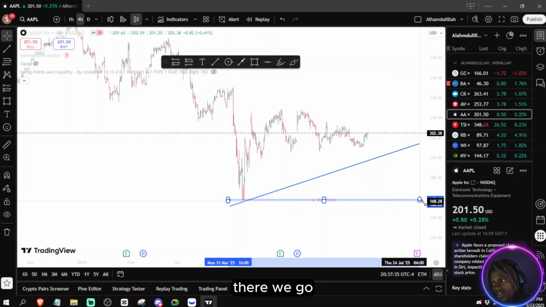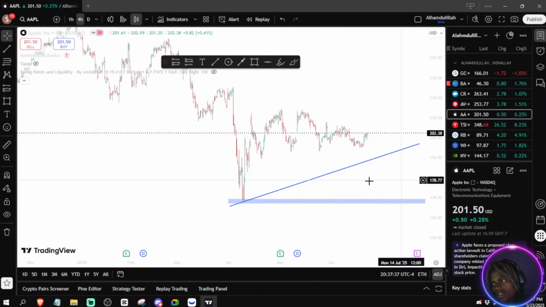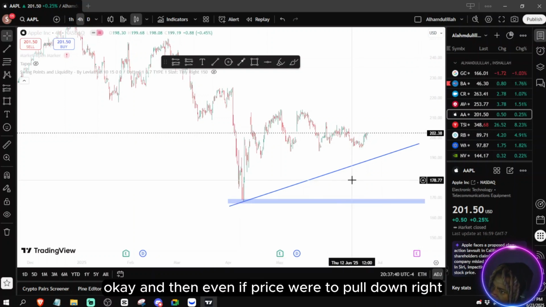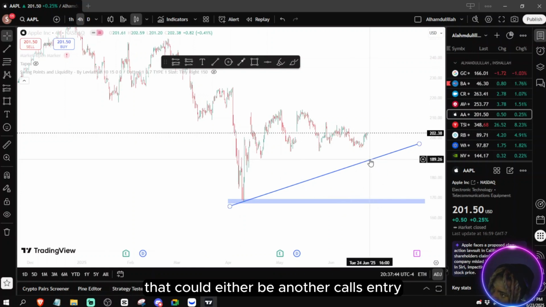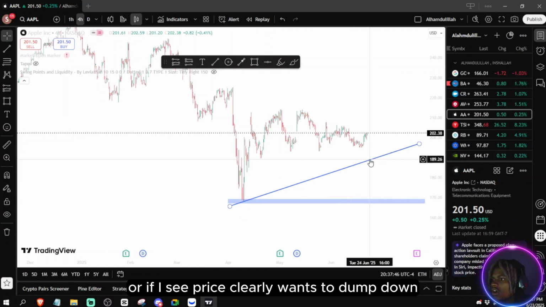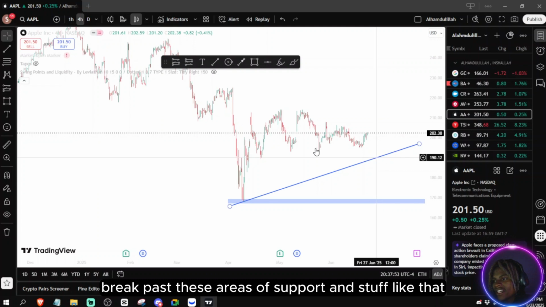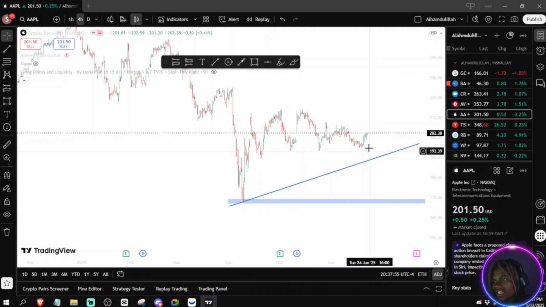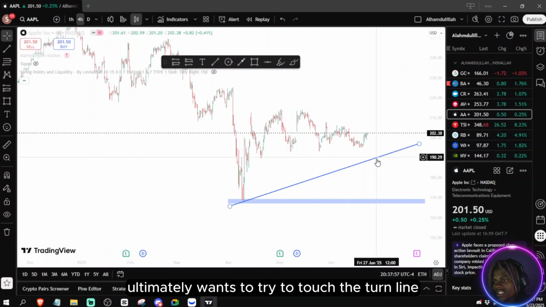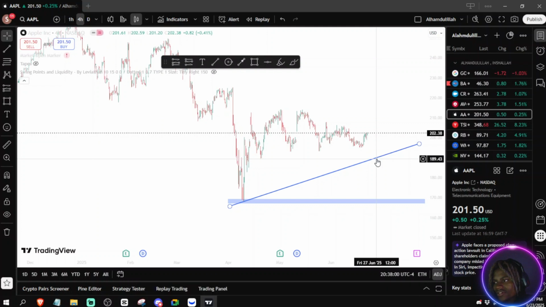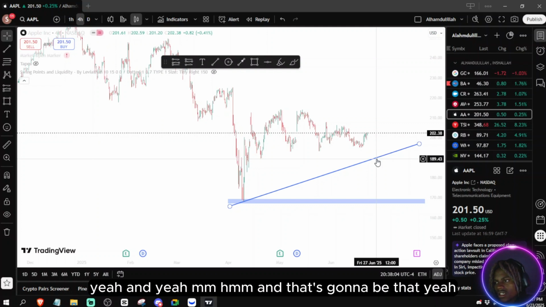There we go. And then even if price were to pull down and give me an entry off the trend line, that could either be another calls entry, or if I see price clearly wants to dump down, like say price wants to break past these areas of support, then I know price ultimately wants to try to touch the trend line.